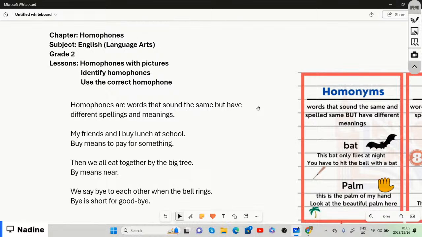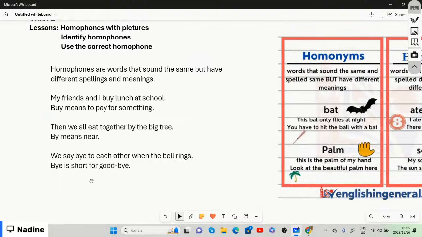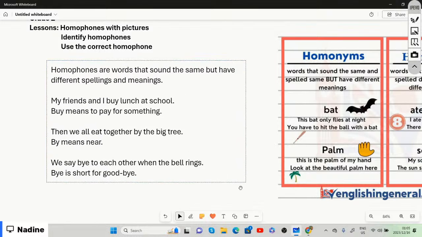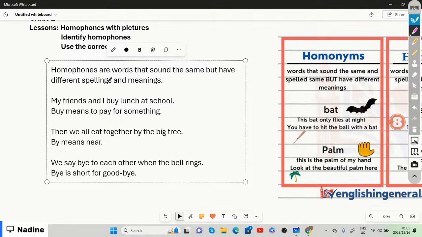All right, so now we're going to find out what homophones are. Homophones are words that sound the same, but they have different spellings and meanings.